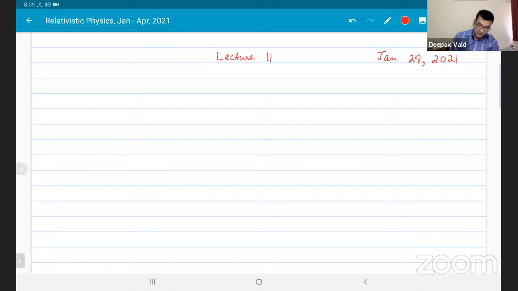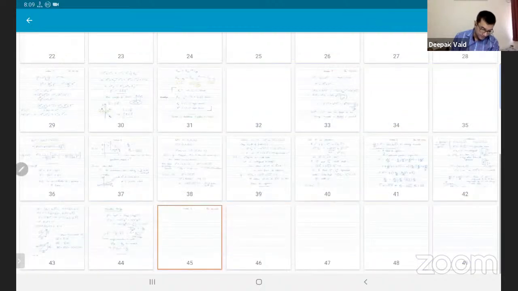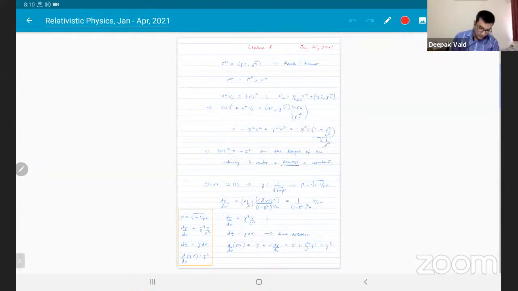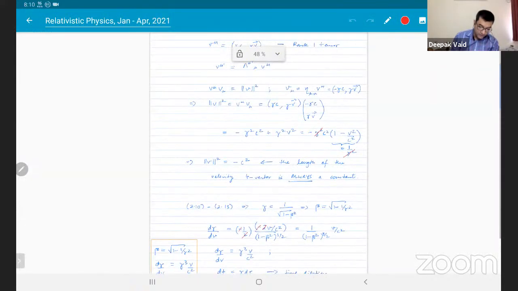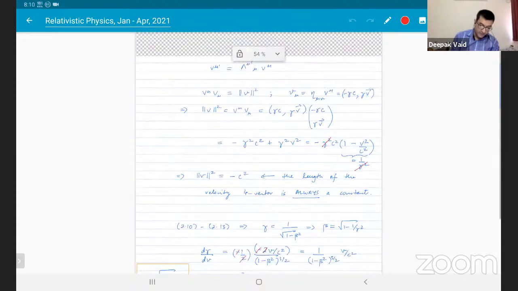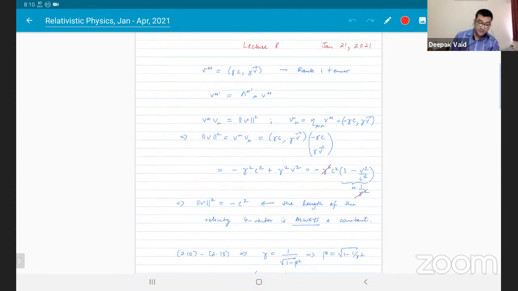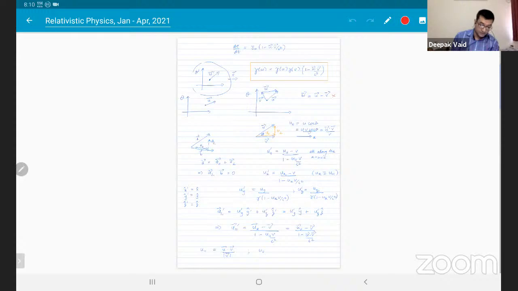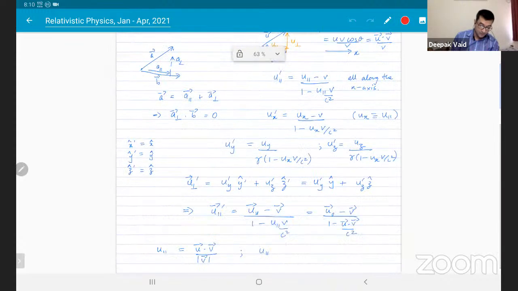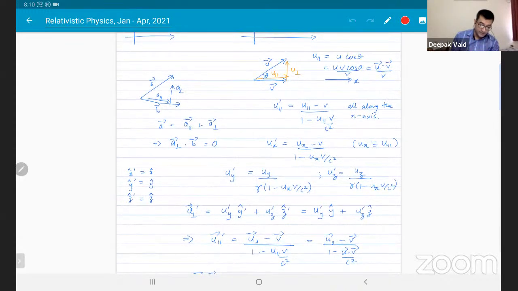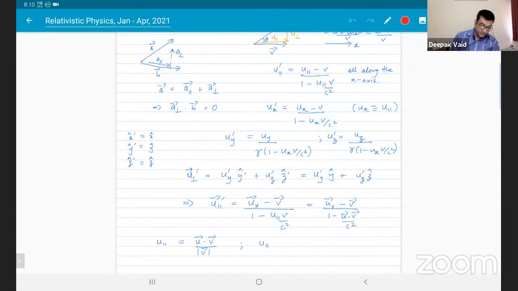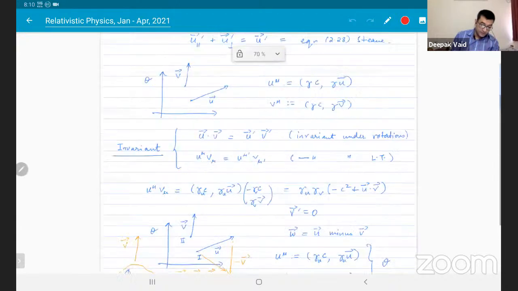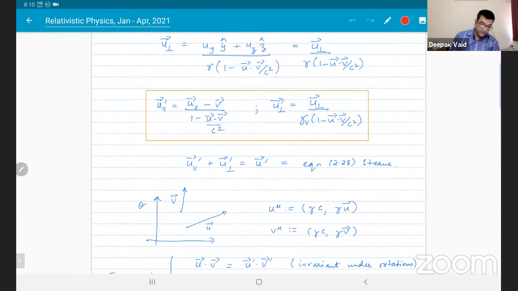So let's just recapitulate what we have talked about in the past couple of lectures. In lecture 8, I talked about some identities involving additions of velocities and gamma factors. Then I gave you a general prescription for writing down the perpendicular and parallel components of a velocity vector under velocity addition.